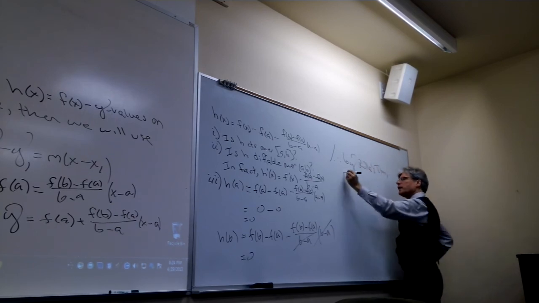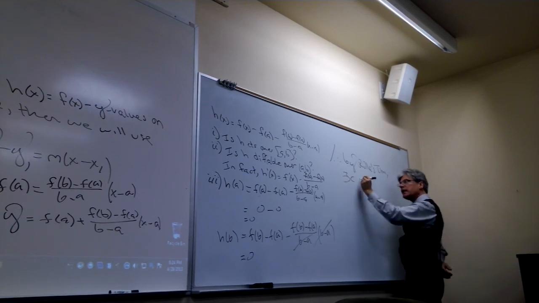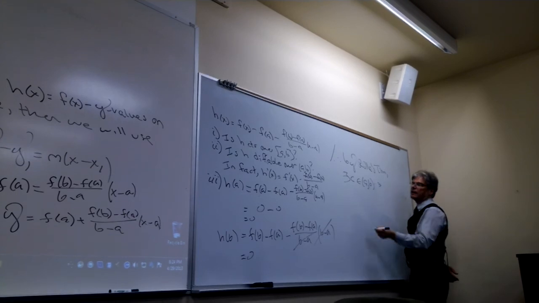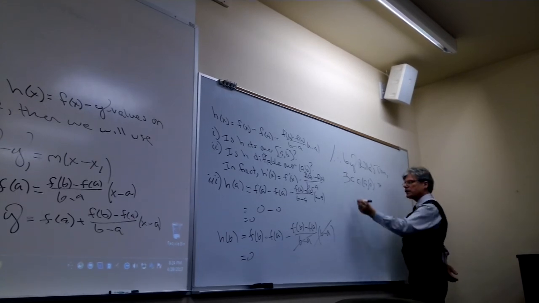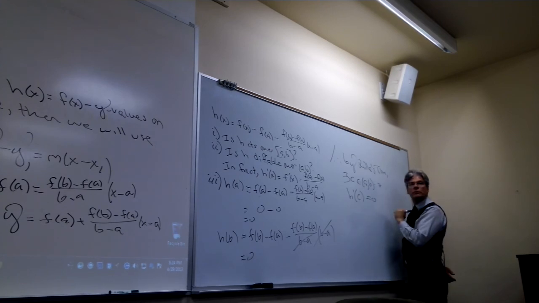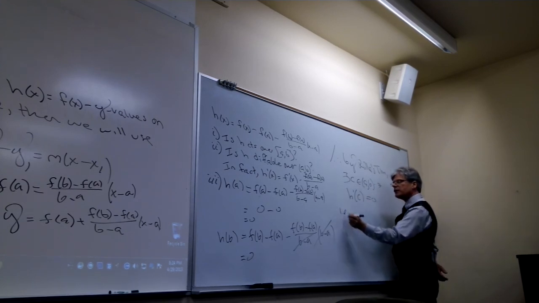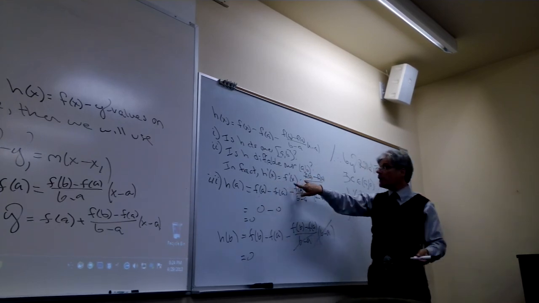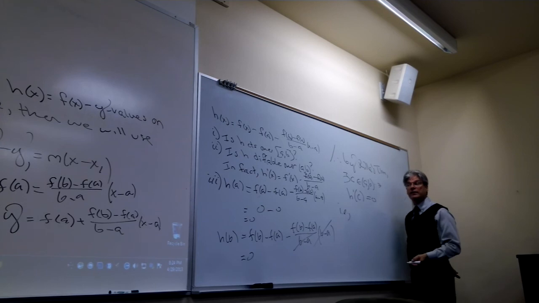it is the case that there exists a value of x called c in the corresponding open interval from a to b, such that my h prime of c is equal to 0. Remember, I took a break a moment ago and said, here's a drift function. I really mean this beast is equal to 0 when x is equal to c.